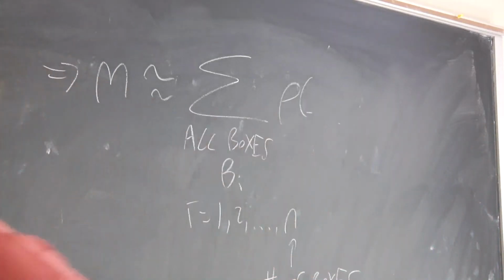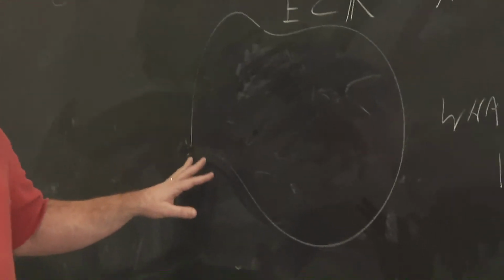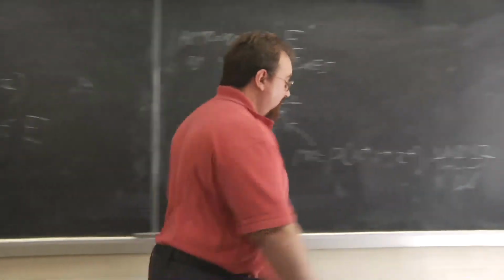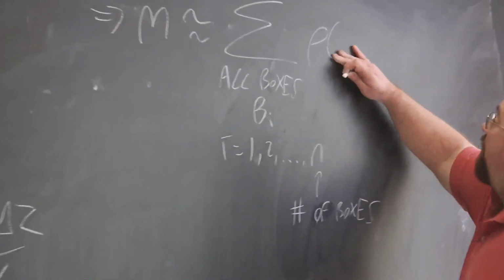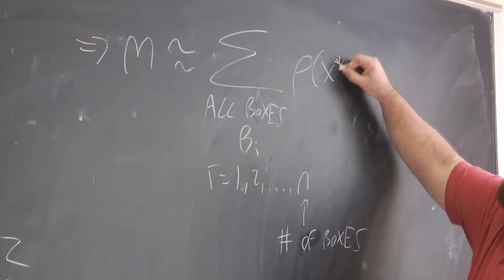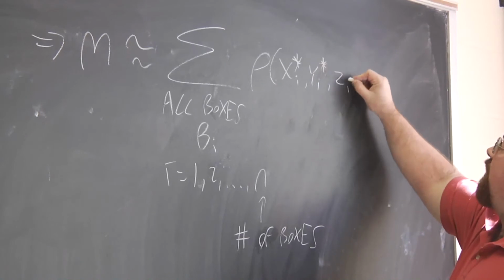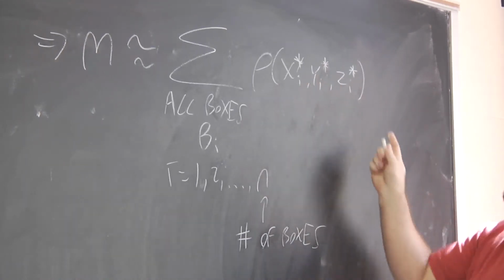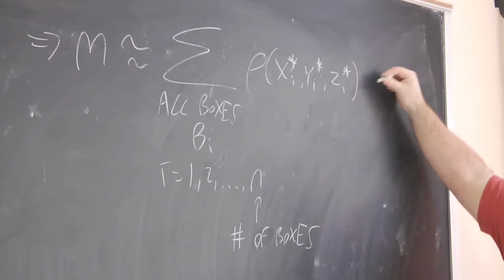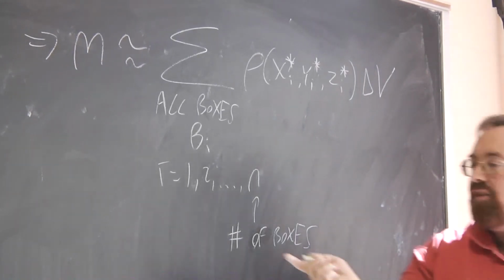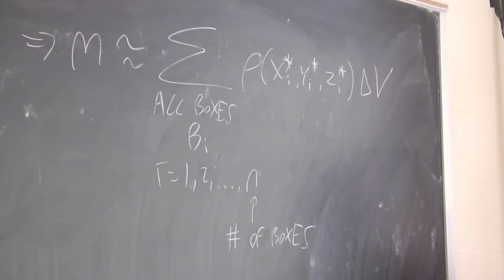For an irregular region like this one, your boxes are not going to follow any particular pattern. You're just going to have however many it takes to approximate each portion of this blob. For each box, you'll pick any point in the box, evaluate the density at that point, and multiply by the volume of that box. And we're assuming, just to keep things simple, that all of these boxes have the same volume.